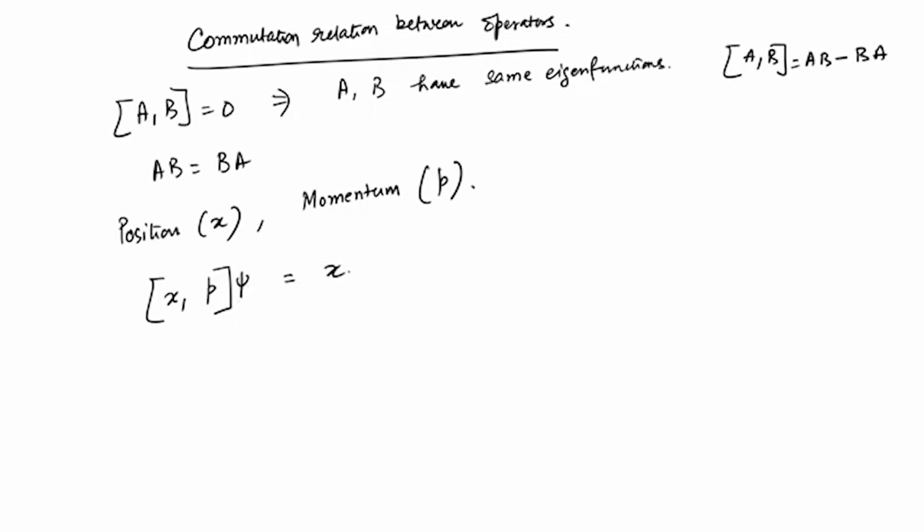So, this is equal to x p psi minus p x psi, and this is equal to x times minus i h cross d/dx psi, and minus, so this is minus i h cross d/dx of (psi x).